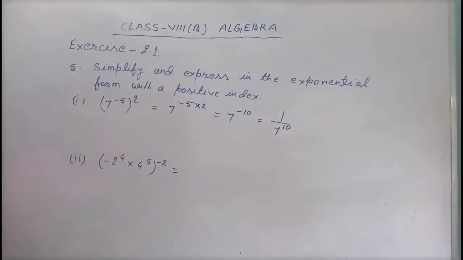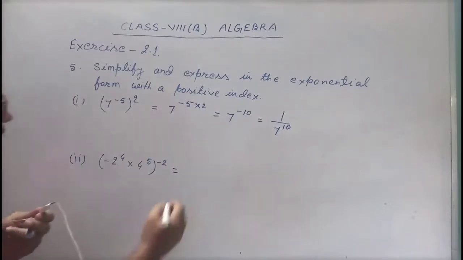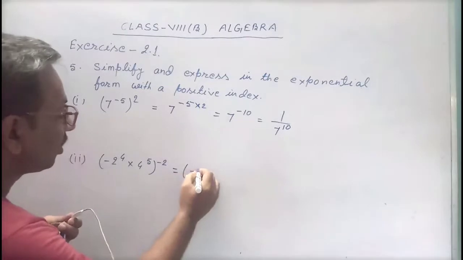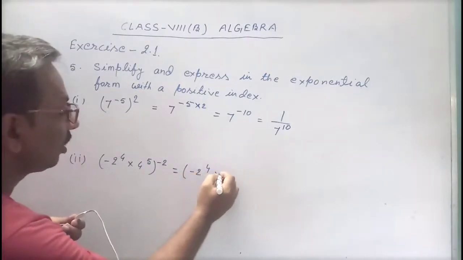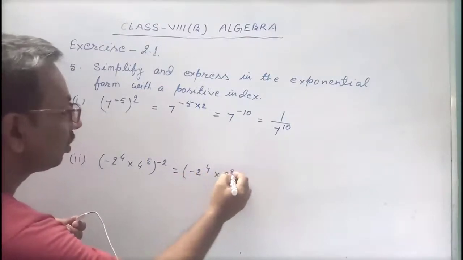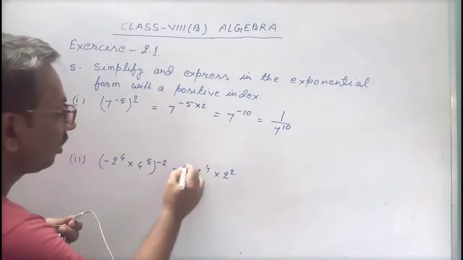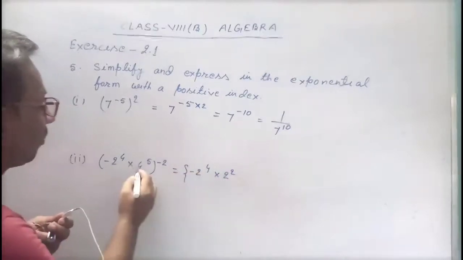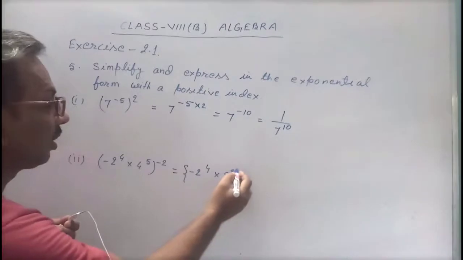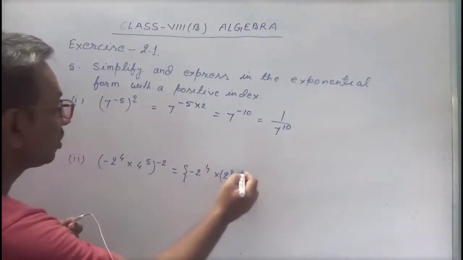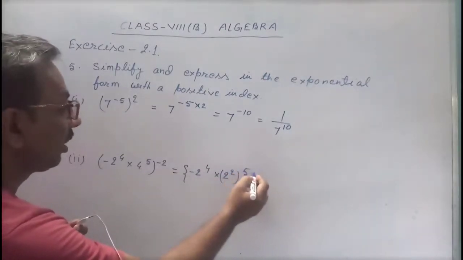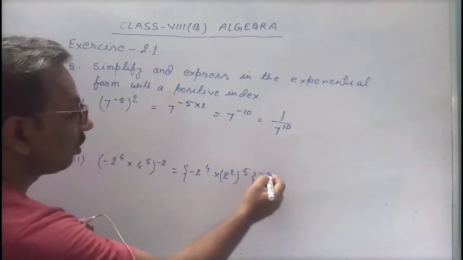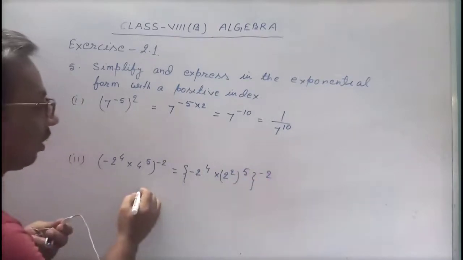The question is minus 2 to the power 4 into 4 to the power 5 whole power minus 2. So we can write this as minus 2 to the power 4 into 2 square into 2 square, means for this 4 I wrote here 2 square, then the power upon this is 5, and again one more power is whole power minus 2.